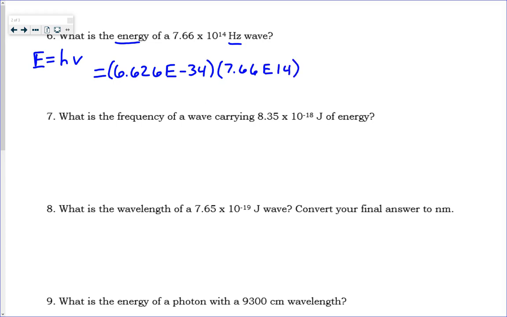If you just multiply those by each other, you should get 5.08 times 10 to the negative 19th joules. This has 3 sig figs because 7.66 times 10 to the 14th had 3 sig figs.